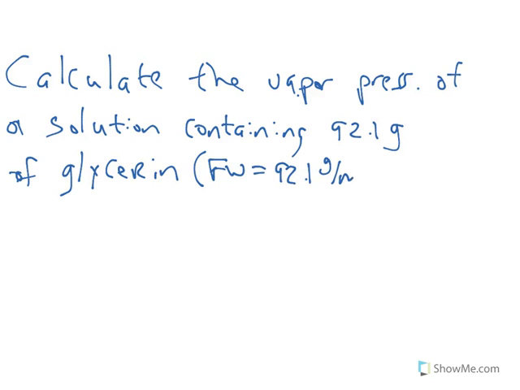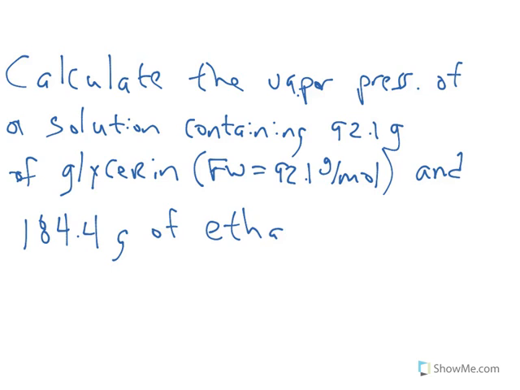Very convenient. And glycerin is a non-volatile solute. It is a liquid, but it is non-volatile. And 184.4 grams of ethanol. Based on the mass here, we are dealing with more ethanol, and that will be our solvent. 46.07 grams per mole is its formula weight.